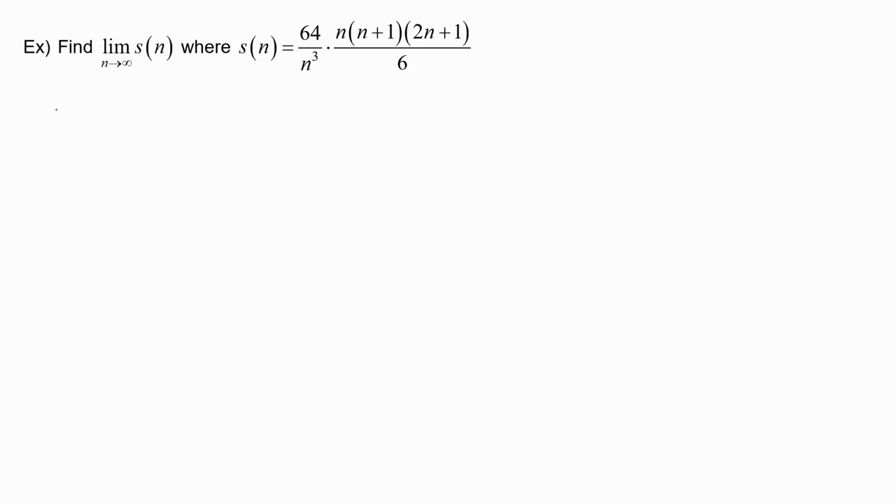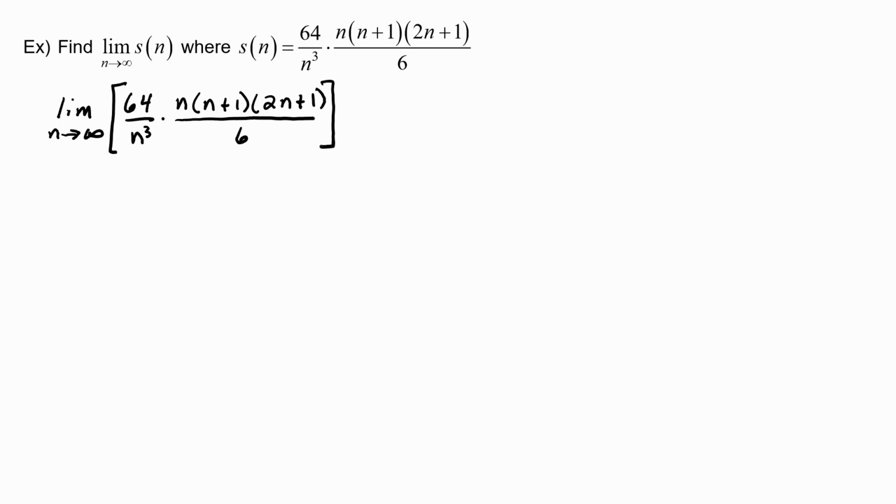So we've got the limit as n goes to infinity of 64 over n cubed times n plus 1 times 2n plus 1 over 6. And remember, the limit is applying to this entire expression.